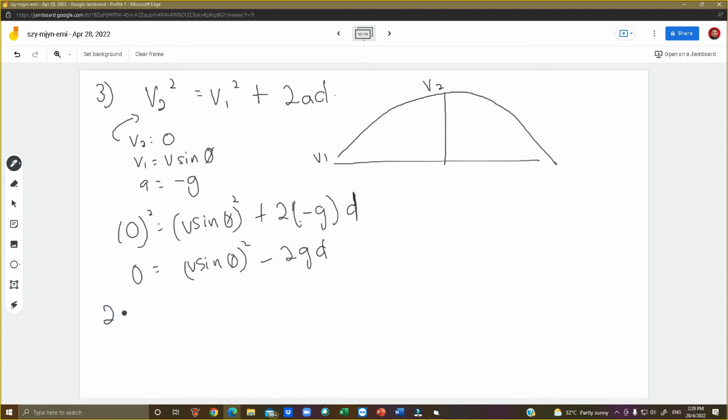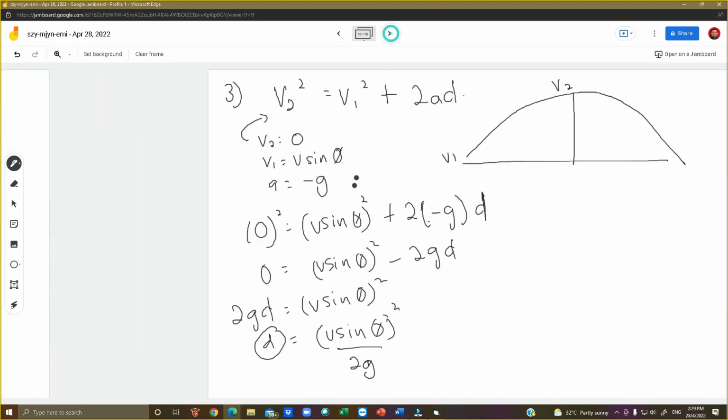Then we move 2GD equals V sin theta squared, where D is V sin theta squared over 2G.